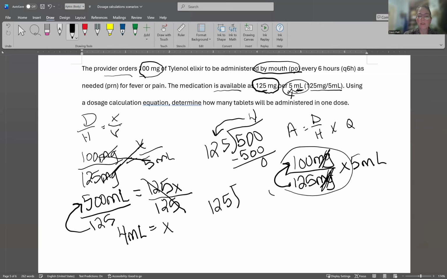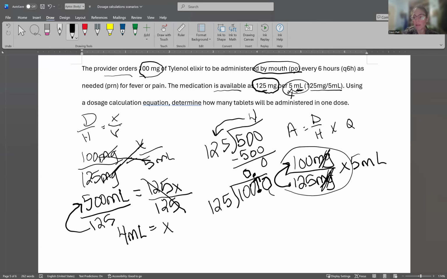Now, as in the previous videos that I showed you, 125 can't go into 100 evenly. So again, I have to add a decimal point here, add a 0, and pop that decimal point right up here. Make sure you put the trailing 0. That's going to be important. Now I can look at 125 going into 1,000.